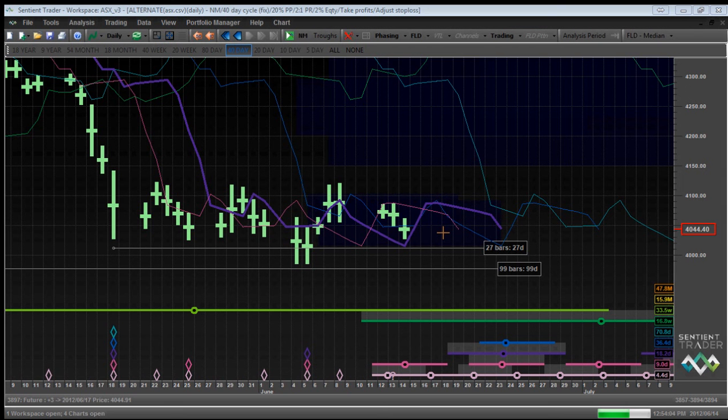Final question from Steve: would you base the decision to use the 40-day FLD on the amount of time left in the 40-week according to this analysis, or is that reasonable for any 40-week? Yes, certainly. The decision to use any FLD for your trading decisions has to do with how much time is left on the 40-week. Basically, it all has to do with what the analysis options are, and you have to make the personal choice.